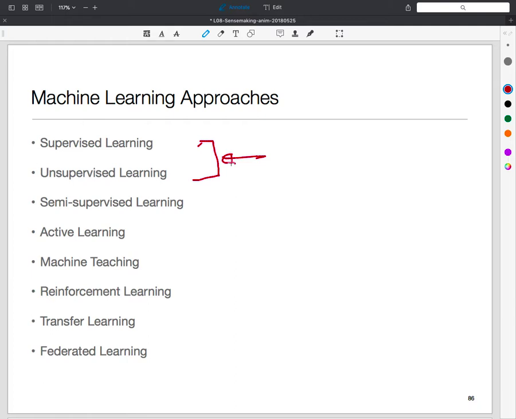To give you an example, Google's AlphaGo, the program which beat the world champion in South Korea: the machine plays against a copy of itself, multiple such games are played, and it tries out different strategies. Faced with a particular state of the board, what move should be made? Across many games, it learns that given this state, this is the right action. So it's learning a policy in a game playing situation.